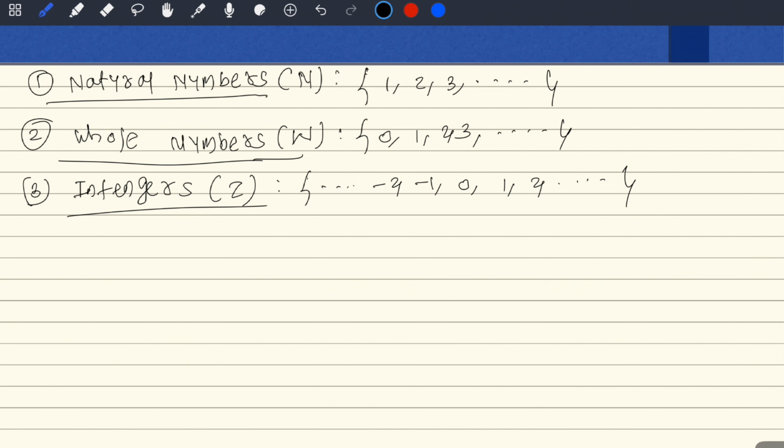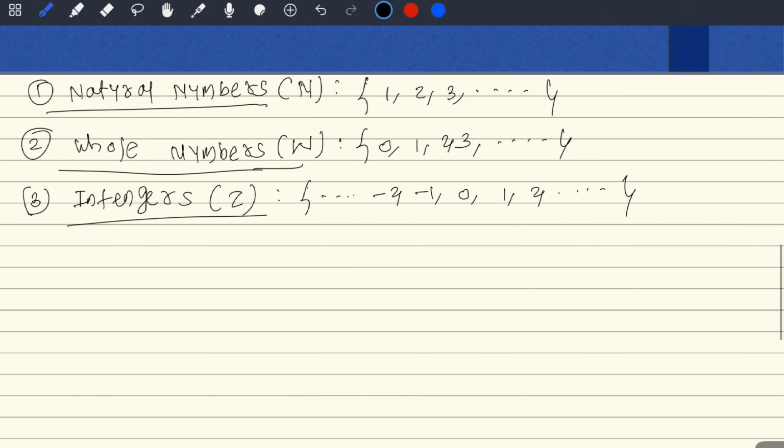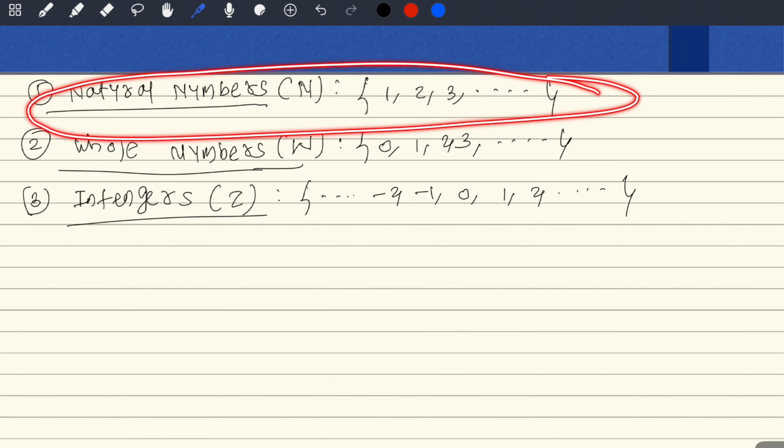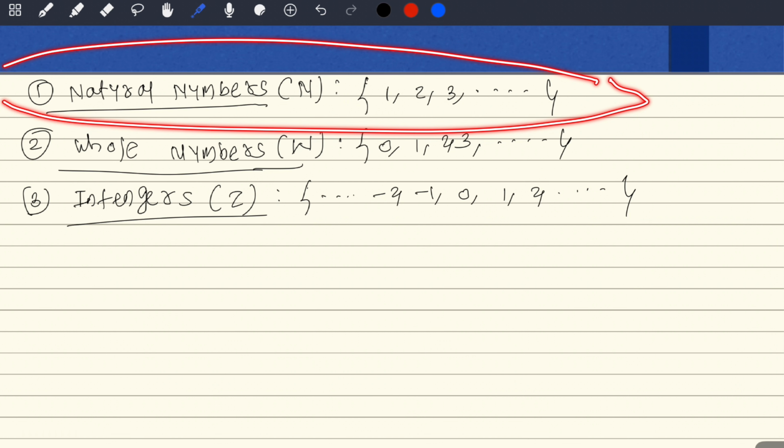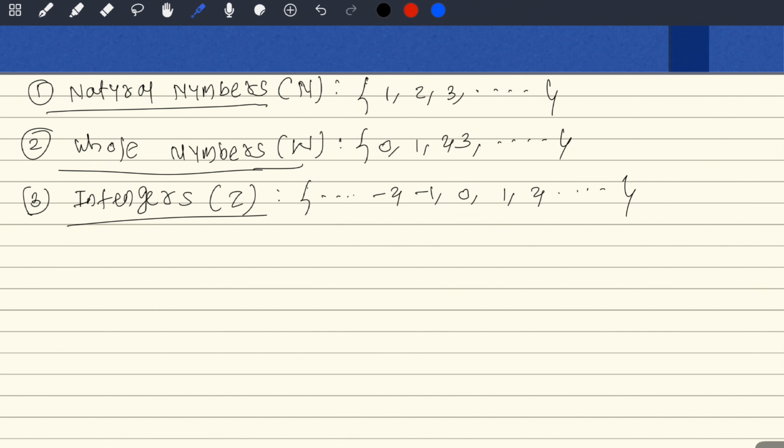Then we studied rational numbers, irrational numbers and real numbers. And real numbers contain all of these, right? So tell me one thing: when I say natural numbers, am I talking about a single number or a collection of numbers?